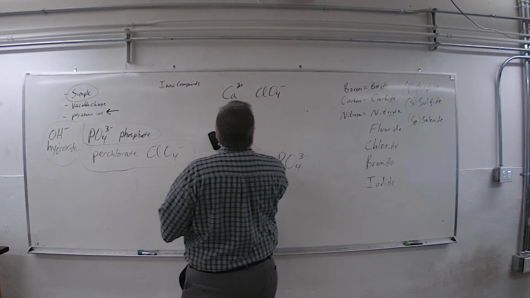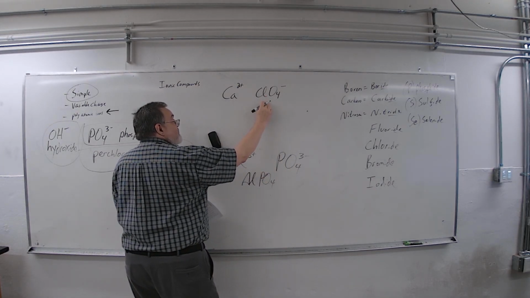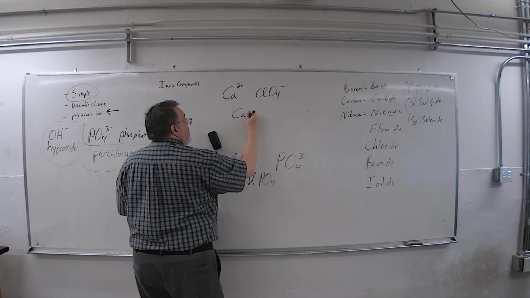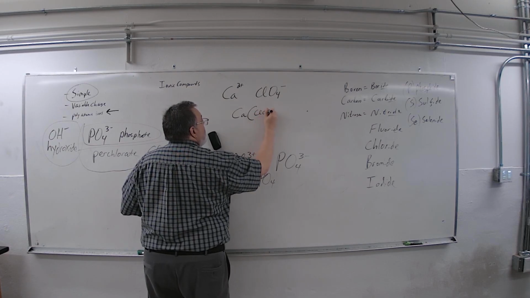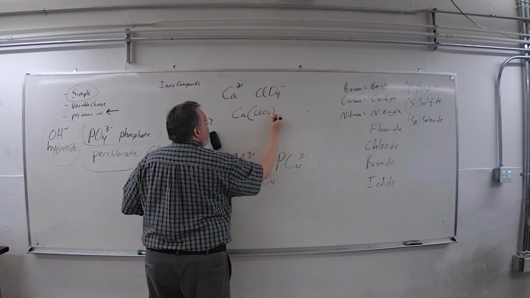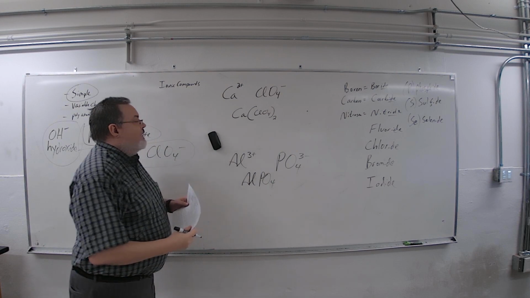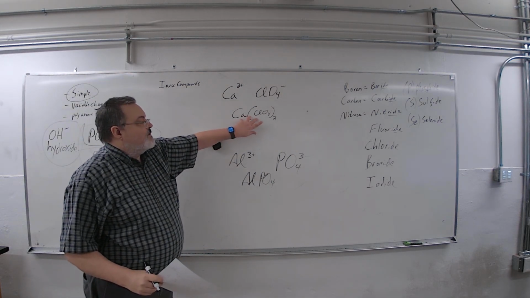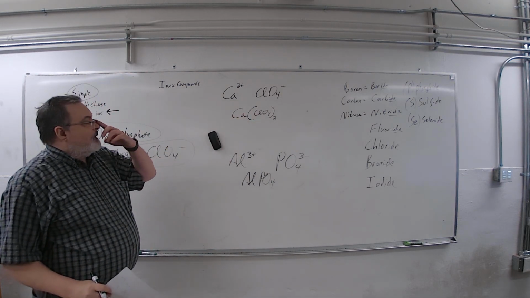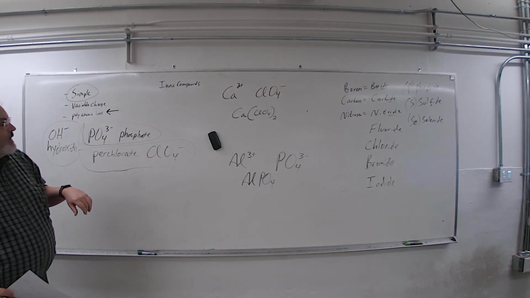This one is negative, you just look that up on the chart. That means I'm going to need 2 of those. And notice you don't write the charges in here now because it's balanced.